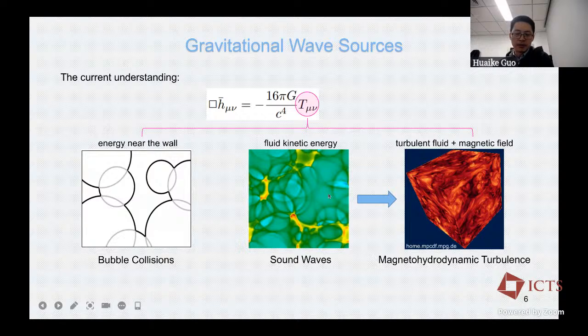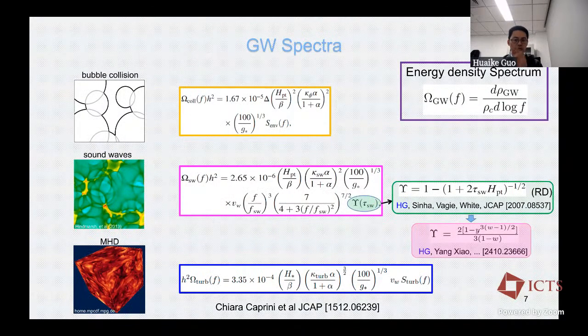So this is one source, and possibly the dominant source for gravitational wave production, at least for the electroweak transition. If the Reynolds number of the system is large, it can turn into magnetohydrodynamic turbulence. Right now we have more or less a set of spectra for each of these sources. Here, omega is the energy density spectrum normalized by the critical energy density of the universe.